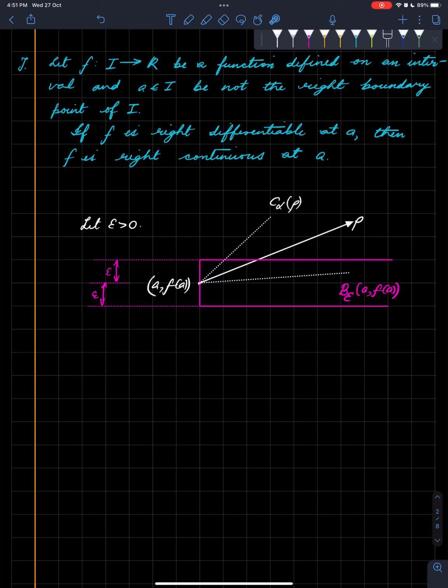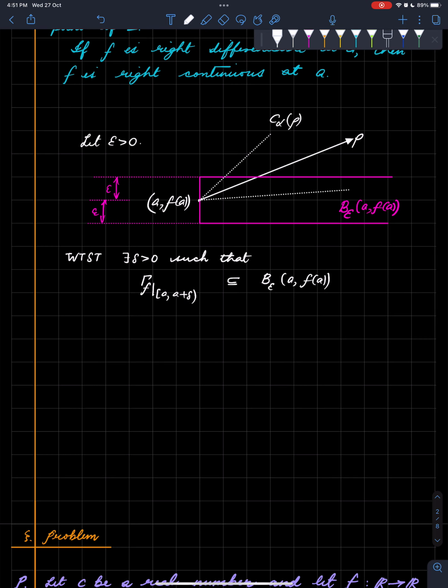Now what do we want to show? We want to show that there exists delta greater than 0 such that the graph of the function above (a, a plus delta) is contained in this right epsilon band, exactly as last time. This is what we want to show.